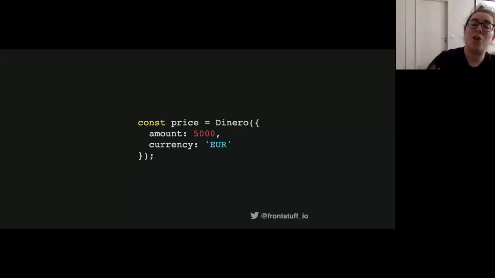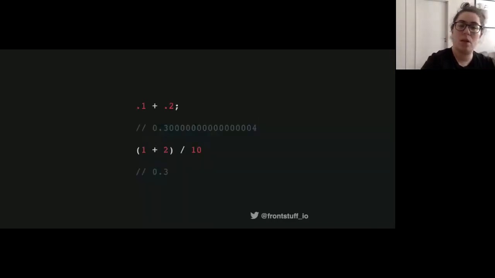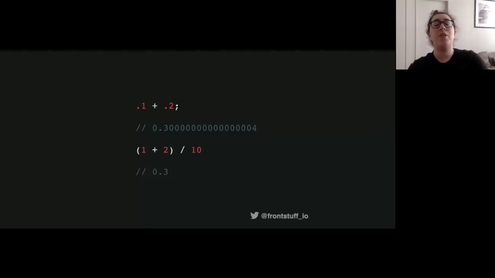However, using numbers, the type number, has its own set of limitations. As you may already know, JavaScript uses floating point arithmetic to represent numbers. So when you try making calculations in a language that uses floating point arithmetic, you get inaccuracies.